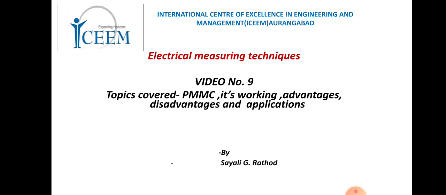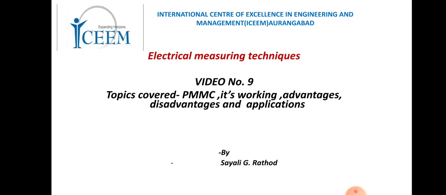Now in today's video we will start with a new topic, that is PMMC, its working, advantages, disadvantages and applications. We have to study both the PMMC, that is permanent magnet moving coil, and the MI, that is moving iron instruments, including the working, advantages, disadvantages and applications of both.